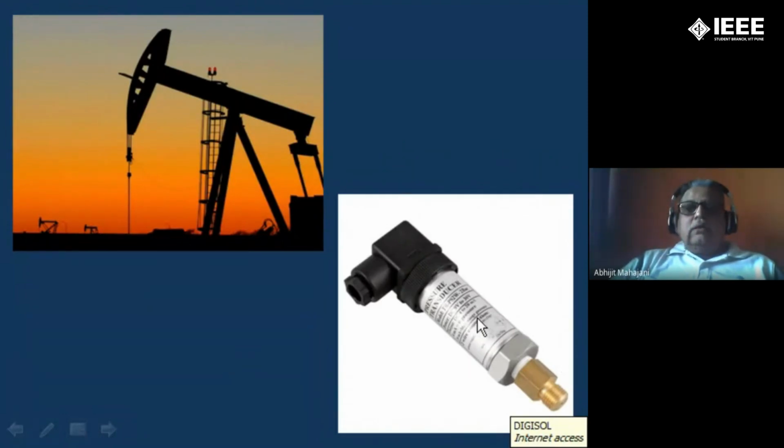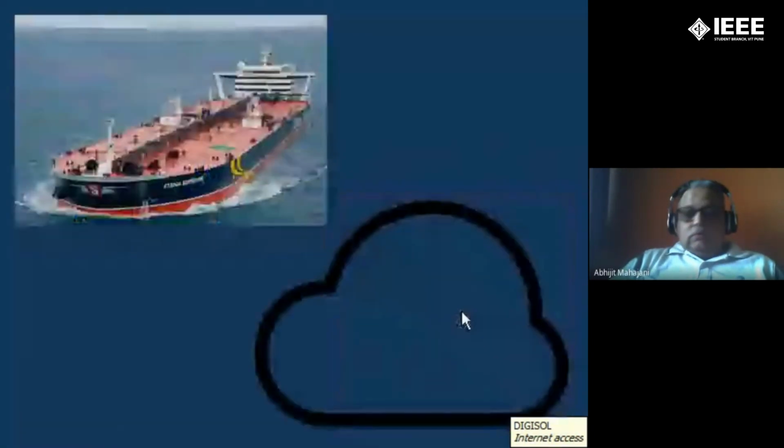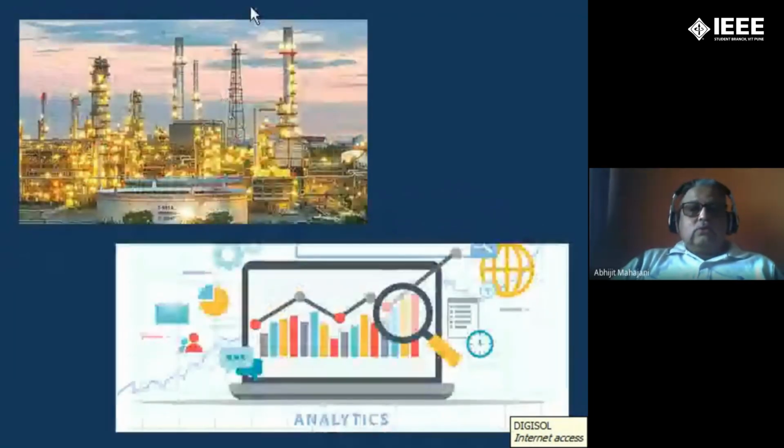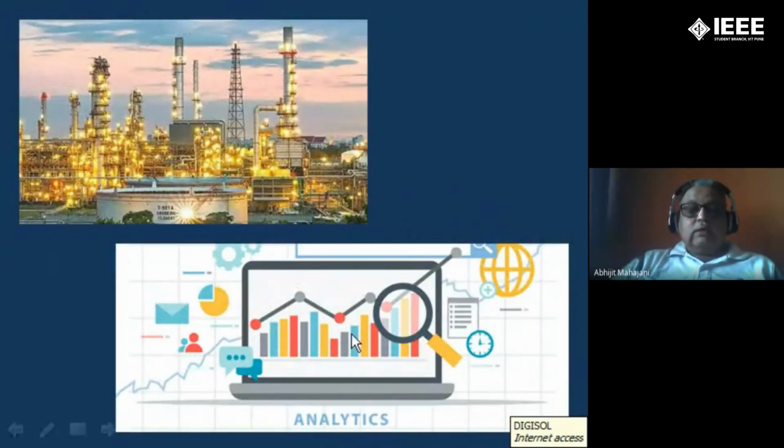Now this data is also like crude oil mixed with noise, and you have to filter it out. Next, you store the oil temporarily, probably in tankers which move the oil from oil fields to refineries. Similarly, you store the data in the cloud, and then, as oil goes to the refinery, the data goes for analytics.